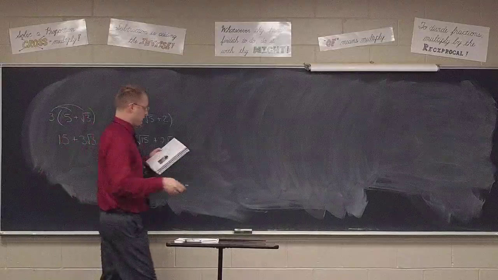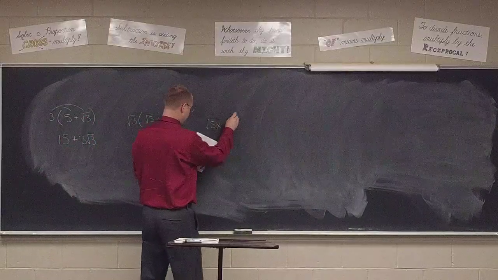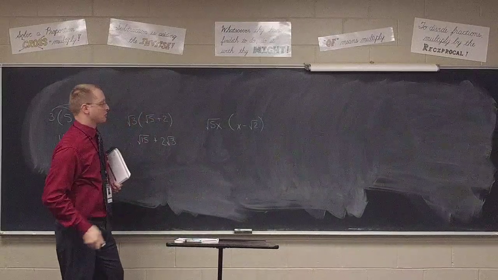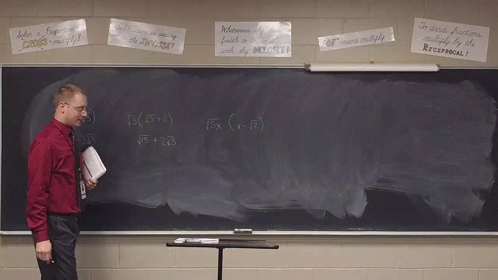Let's do another distribution here, the square root of 5x times x minus the square root of 2. Brecken, what do you suppose we get when we distribute the square root of 5x?